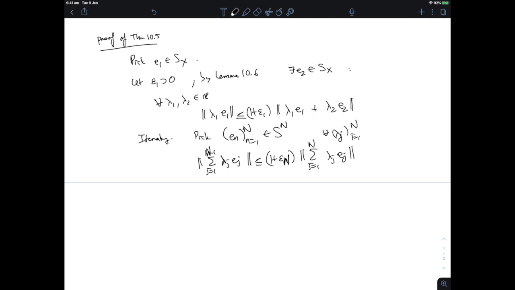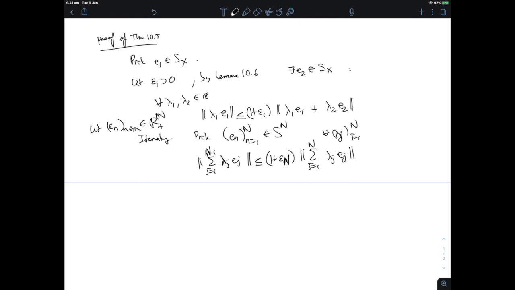So at the very beginning I should have said, rather than just take one epsilon that I need for the first step, here I should take a whole sequence of epsilons. So a whole sequence in R plus, and I'm going to just choose them small enough eventually.